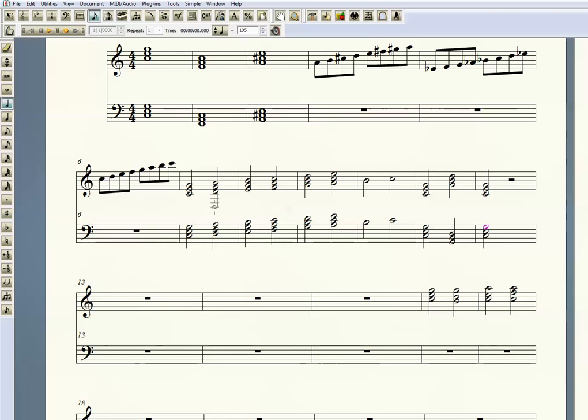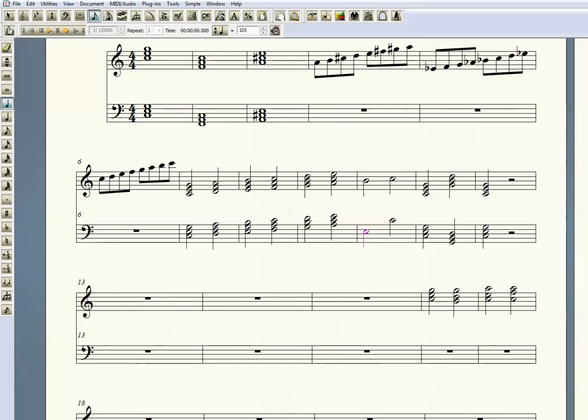So 2 is always minor, 4 is always major. Okay? These things are always true in a major scale, or a major key rather. So tonic, major, 2, minor, 3, minor, 4, major, 5, major, 6, minor. Okay? 7 is kind of a special case.